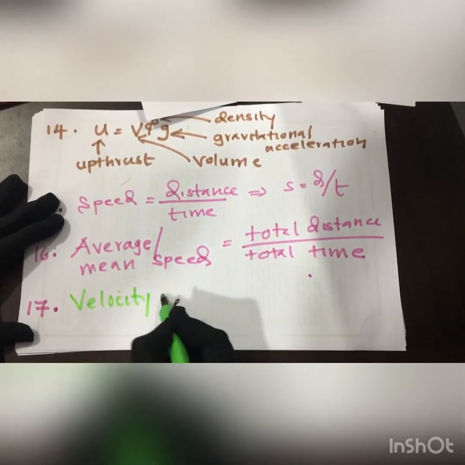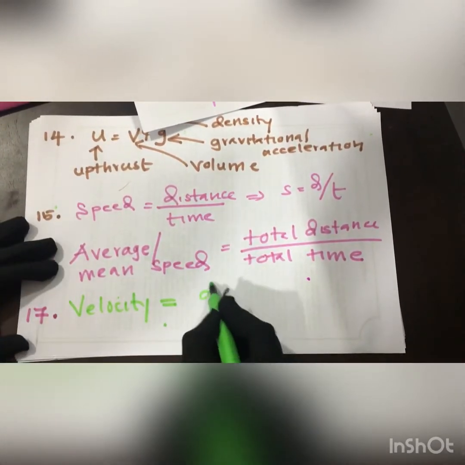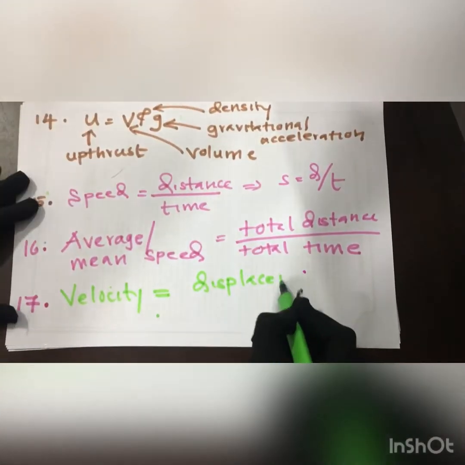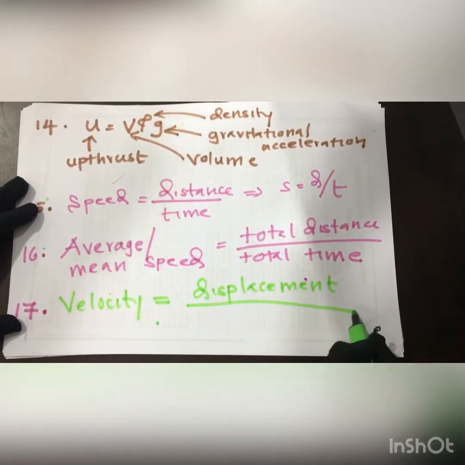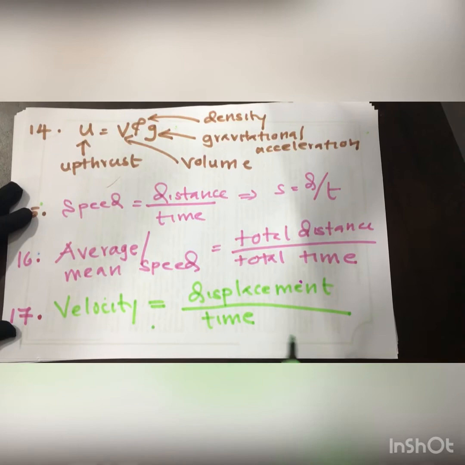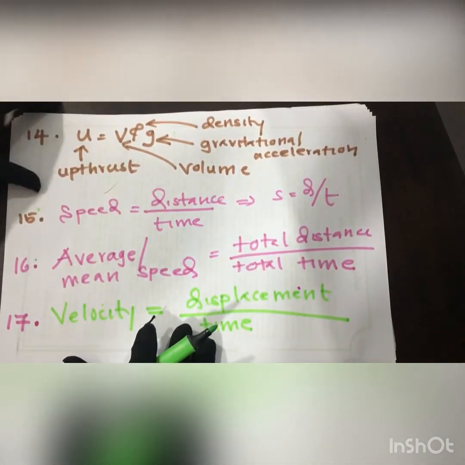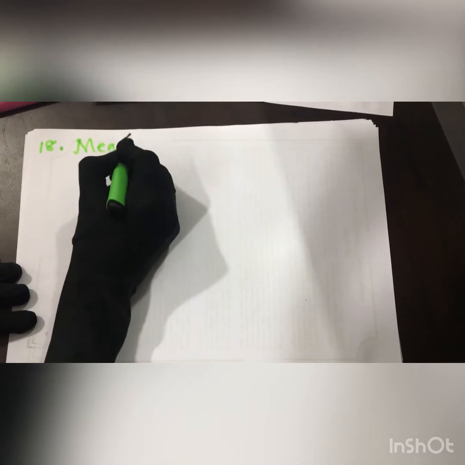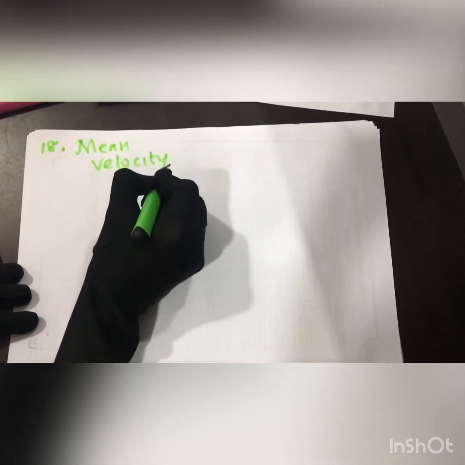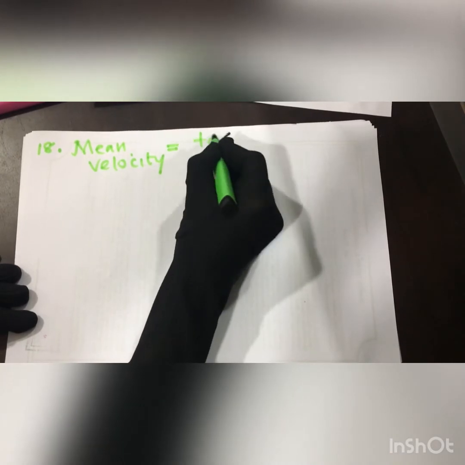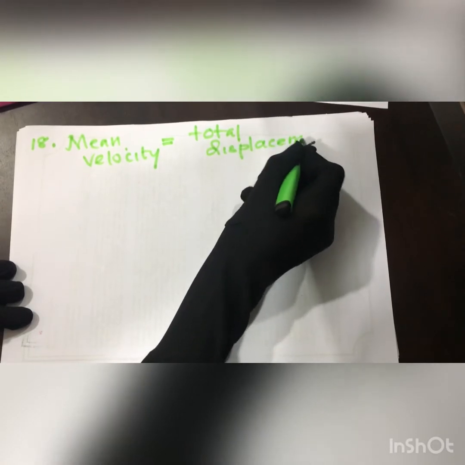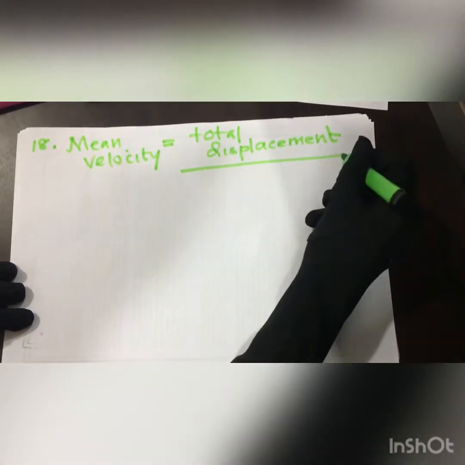Velocity is equal to displacement over time. Then the 18th equation is the mean velocity. Mean velocity is equal to total displacement over time.